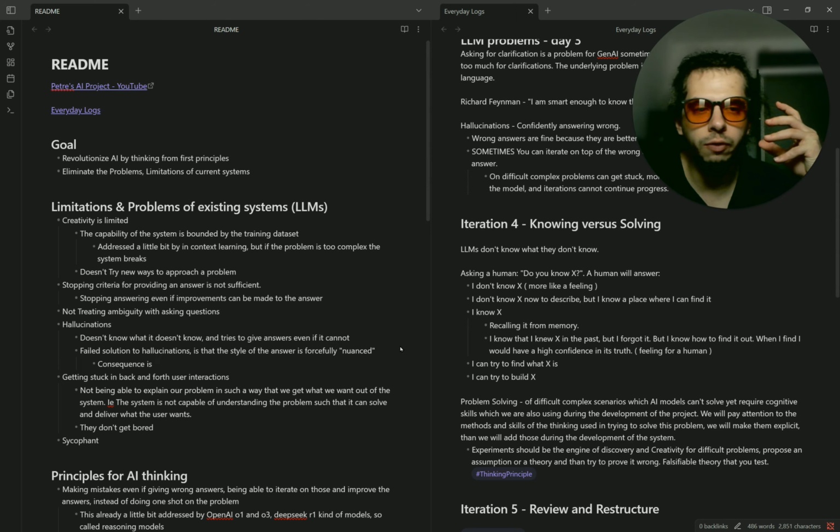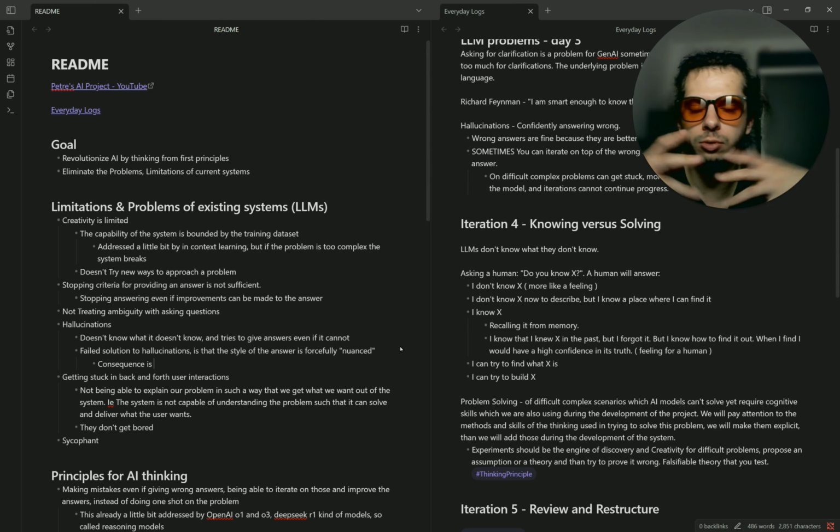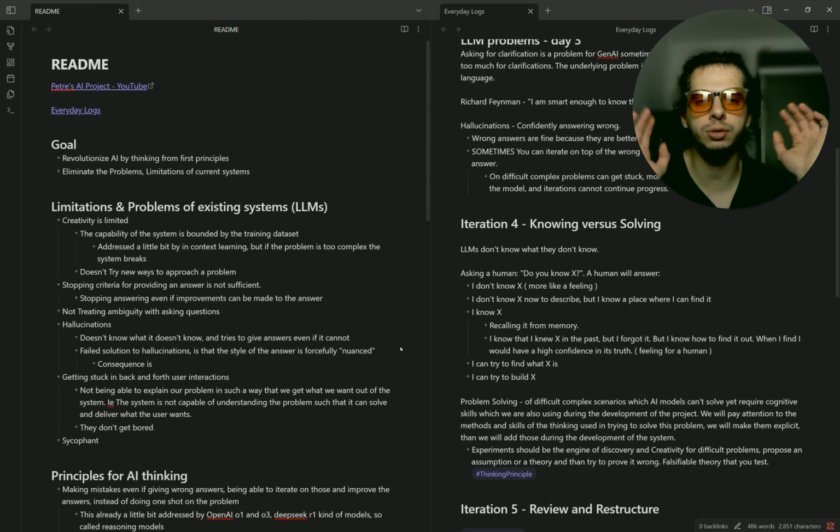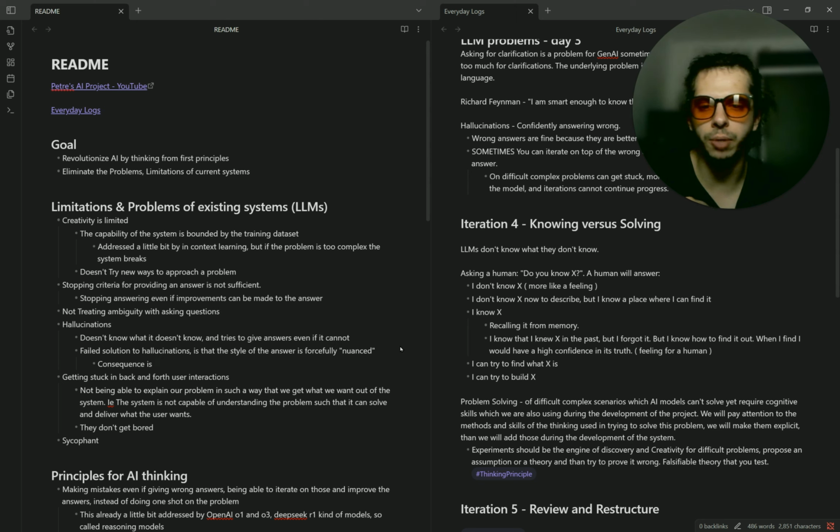sometimes you fail to answer the question because you just give all the possible answers. You tell the user, I don't know which one of these is right, maybe it's your job to choose one, and the LLM is not choosing because it has to stay impartial and unbiased.